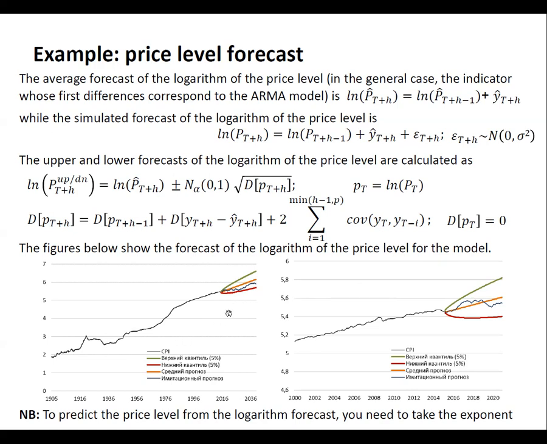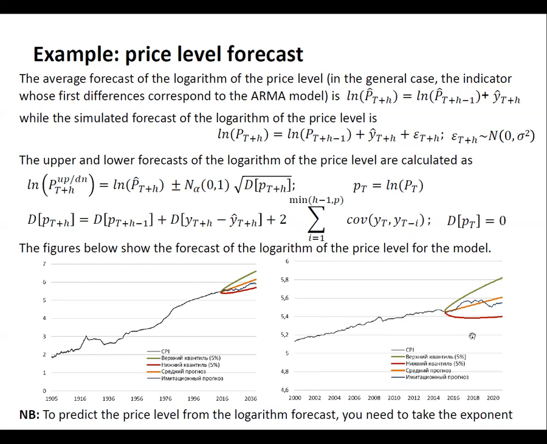This is the average forecast, the orange line. The red line is the lower forecast. The green line is the upper forecast. The blue line is the simulation forecast. This graph is the same, only larger. And the simulation forecast is slightly different because this is another simulation.